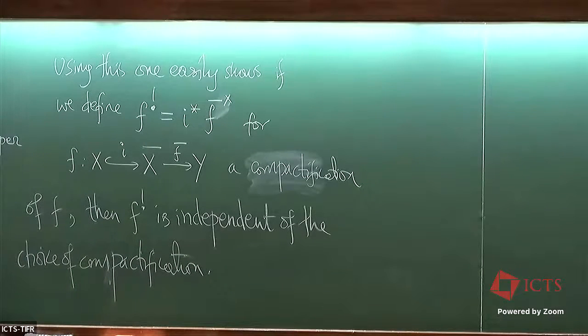So there's no unique way to compactify, and doesn't matter which one you choose. Any two of them will give you isomorphic answers, in some canonical isomorphism between them.